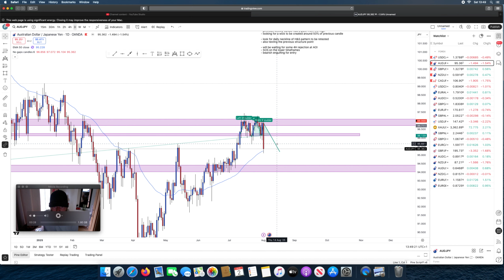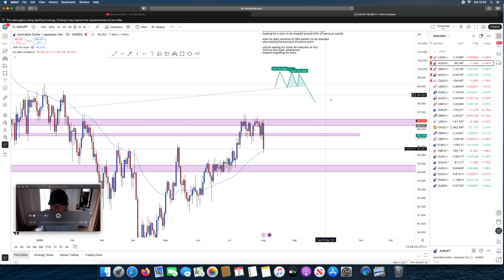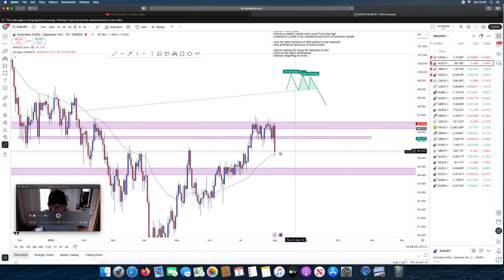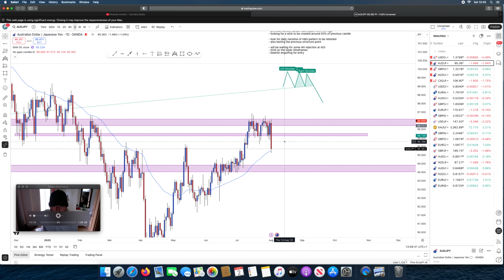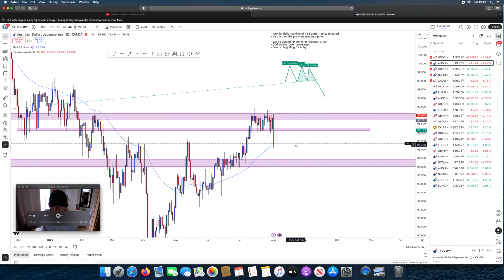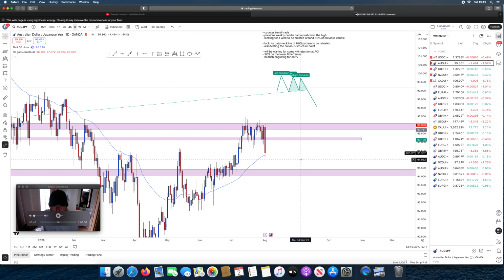So as I've explained previously, we'll be looking for a test of the neckline of that head and shoulders, to look for this to continue down. So this is the zone here. Also be testing this previous structure point, which is here, which is also another confluence for me.